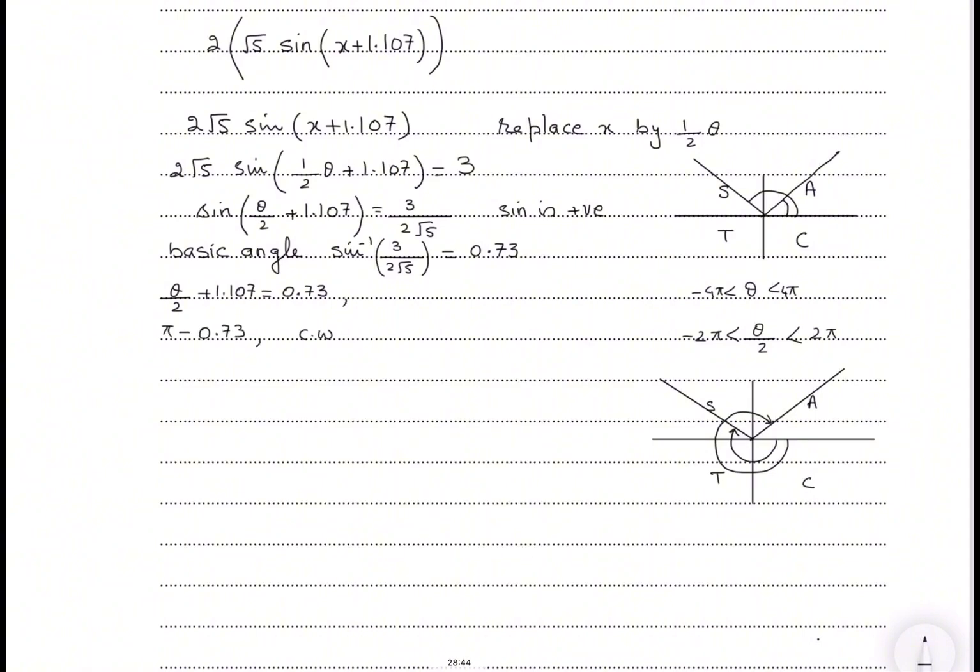So you have to minus 0.73 from 180, which is pi, and the clockwise is these.